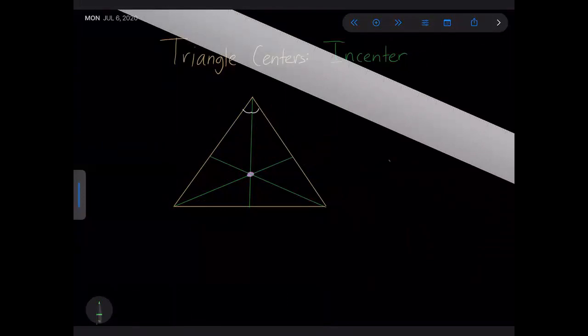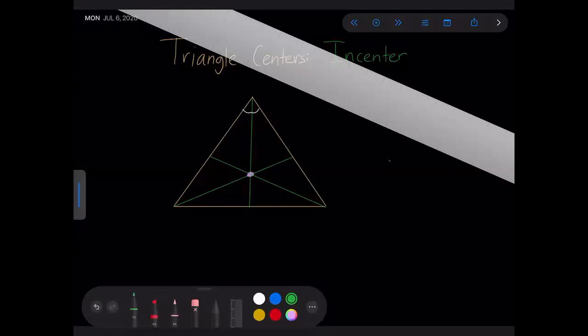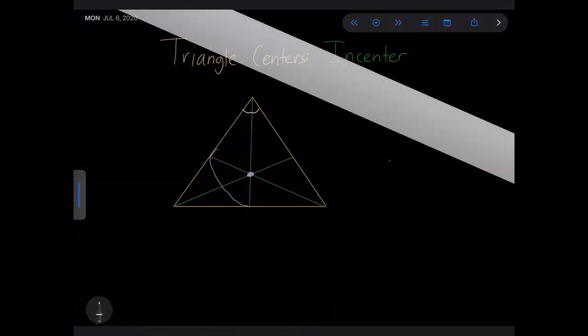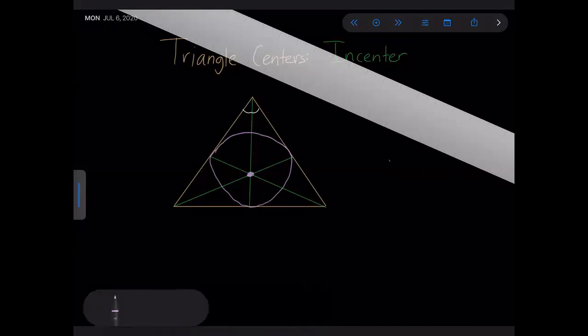Another thing you can do with this incenter is you can actually draw a circle with this point at the center of the circle that roughly passes through all the points. Okay, the circle is kind of a bad drawing. Let's see if we can make it better.